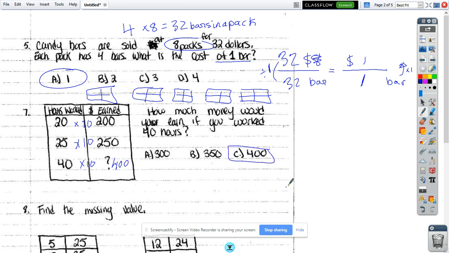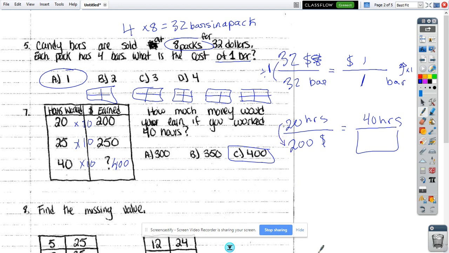The other way you could have done it is you could have set it up. So I've got hours, and then I have dollars. And so we could have had 20 hours, $200, and then we could have had 40 hours, and we got to figure out how many dollars. So we find our relationship.